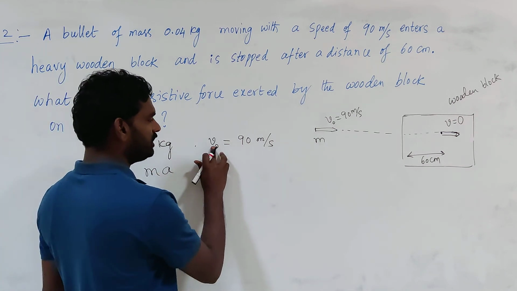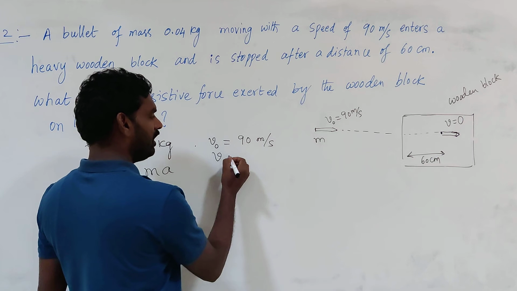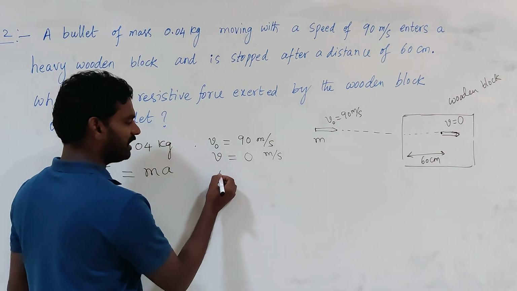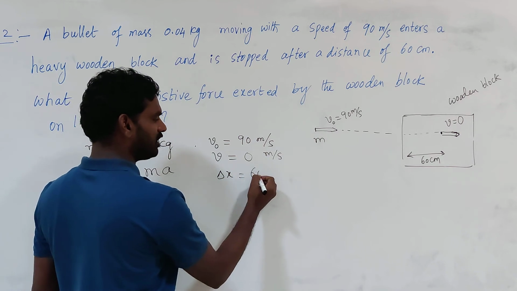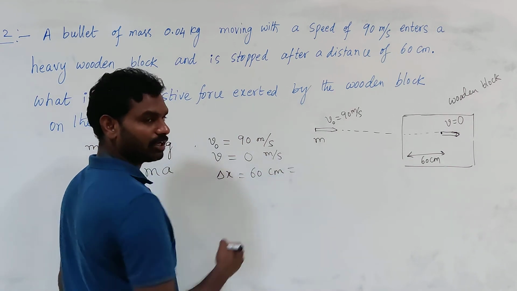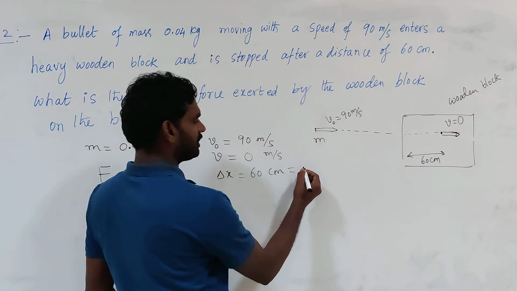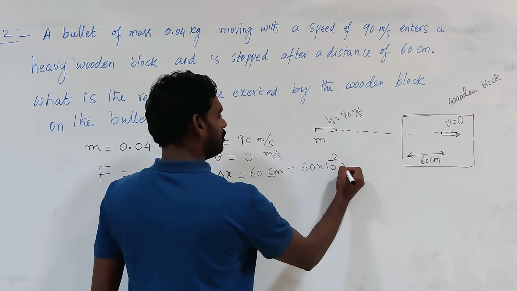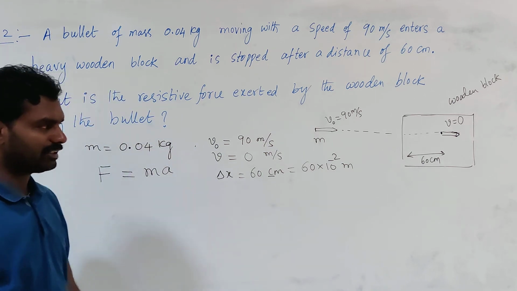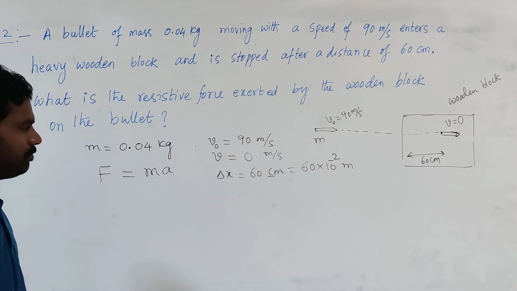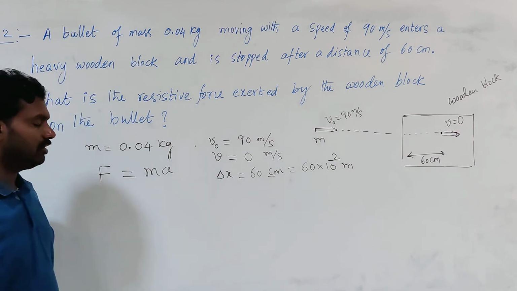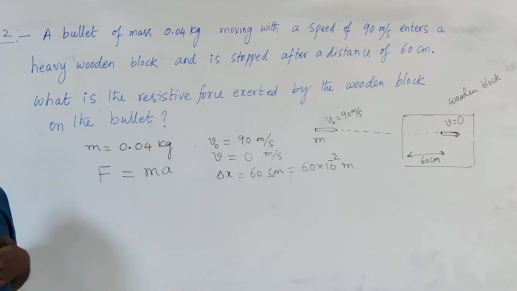But we know V0 equals 90 meters per second, the final velocity is 0, and it covers a distance of 60 centimeters, which is 60 into 10 power minus 2 meters. We know V0, V and delta x, and we need to find the acceleration.